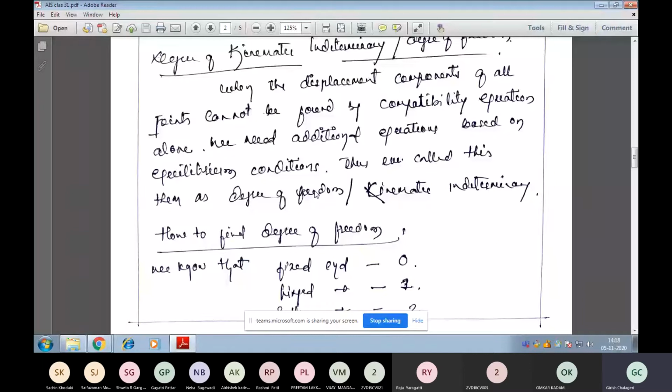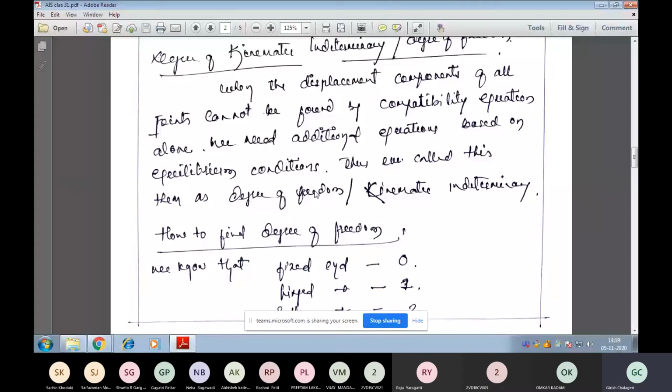So at the joint where it is hinged, we say the degree of freedom is 1, because it is free to rotate only. When you come to the other joint, which is a roller support, it has only one vertical force, which restricts movement in the vertical direction. Means when a force is applied over that joint, it will not allow movement in the vertical direction.